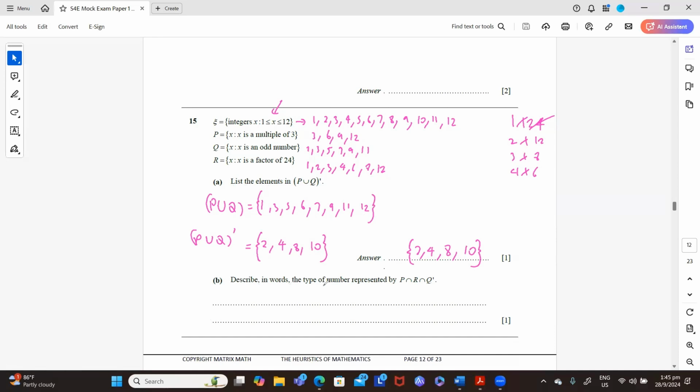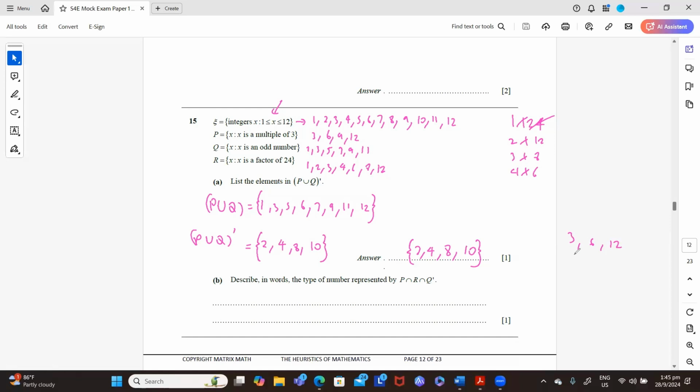Okay, describe in words the type of number represented by P intersect R intersect Q prime. So when P intersect R, this is P and this is R. You can write down 3, 6, and 12.